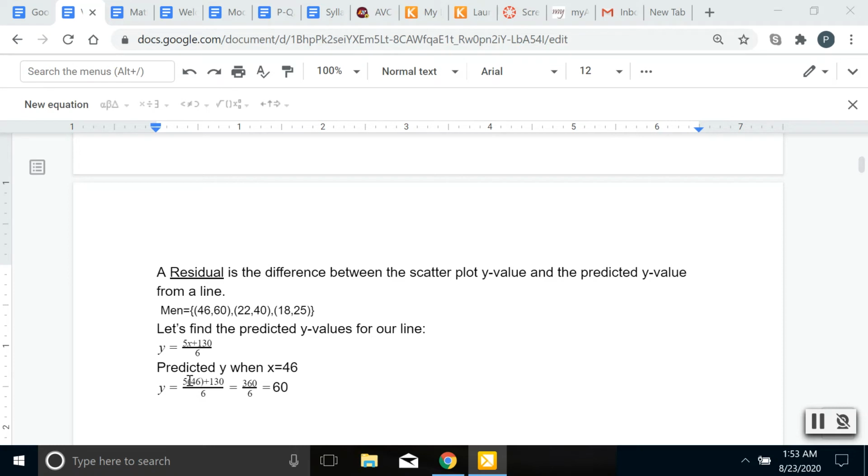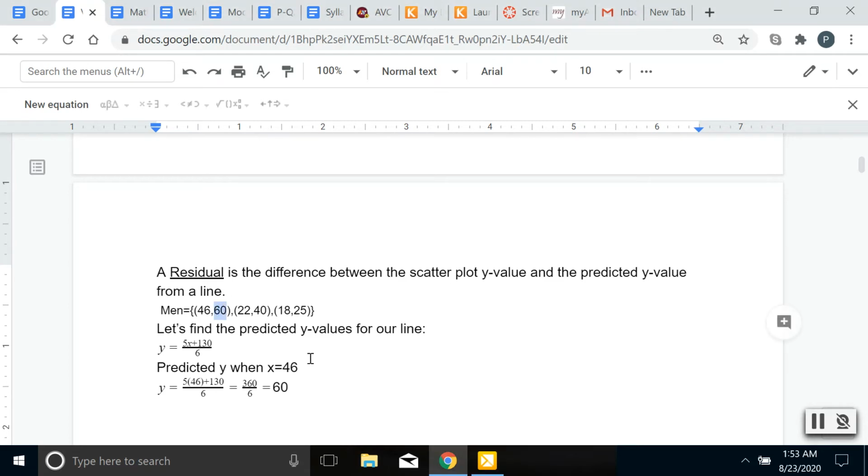You can check on your calculator: 5 times 46 plus 130 is 360, and you divide that by 6, it's 60. So the predicted y value is 60. And actually the scatterplot y value is also 60. This is the scatterplot y value right here.